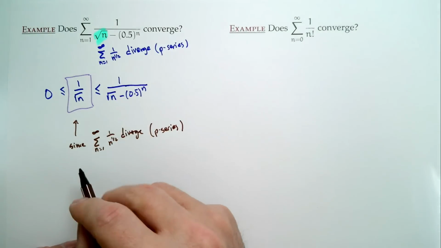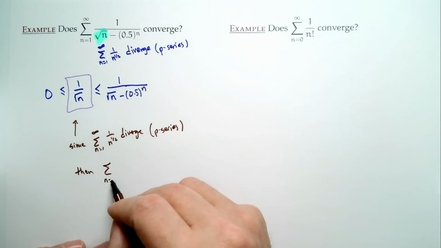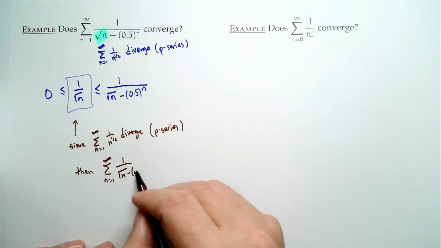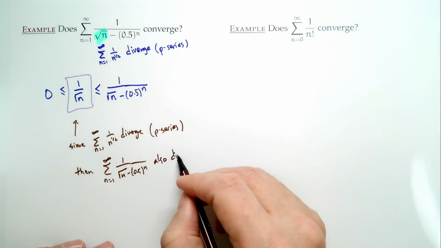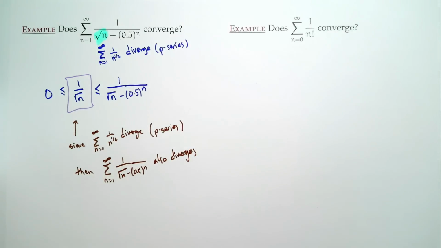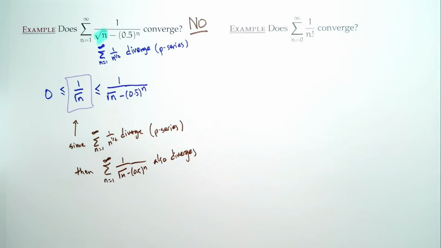So if that's even bigger, then the conclusion is that the sum of the bigger thing is also going to diverge. And so, an answer to the question, does it converge? No. All right, good.